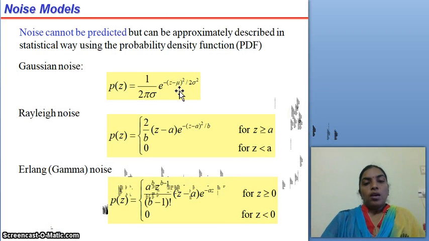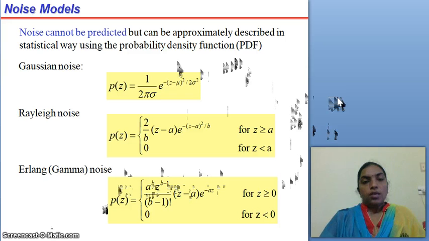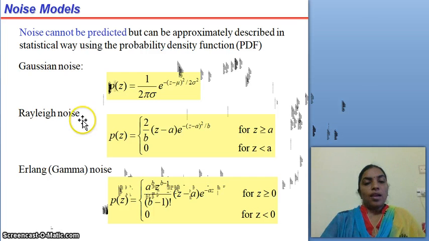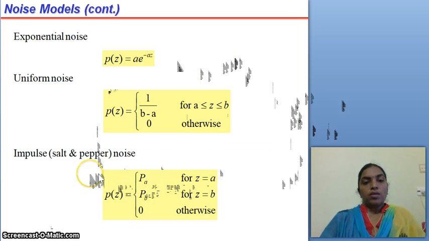Probability density functions, PDFs, are given here for different noises. The first one is Gaussian noise, then Rayleigh noise, gamma noise, exponential noise, uniform noise, salt and pepper or impulse noise. Different noises are there.